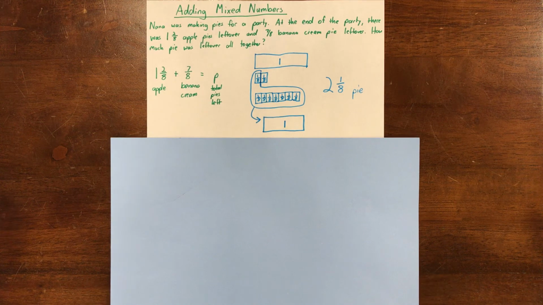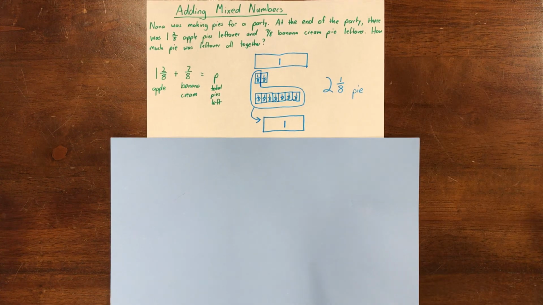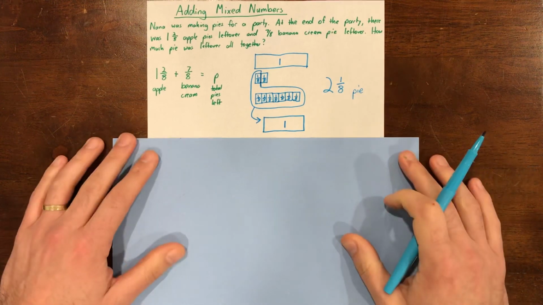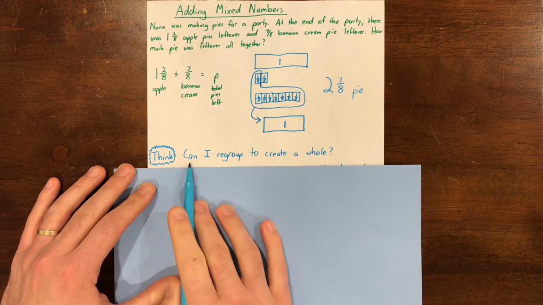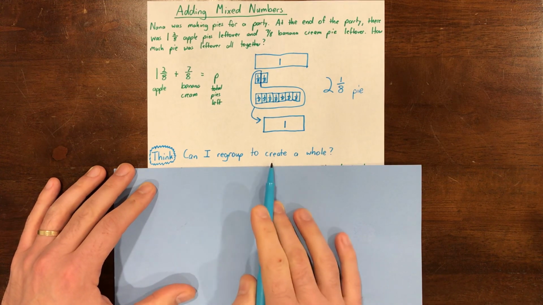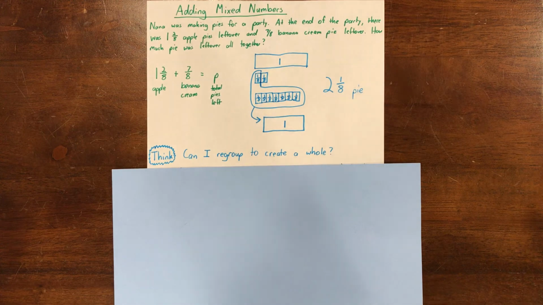Say it out loud. Yeah, we're going to want to take a look at our fractional parts and think, can I regroup these to make a whole? Read it with me. Think, can I regroup to create a whole? Okay, keep that in mind. Let's move on to the try one more.